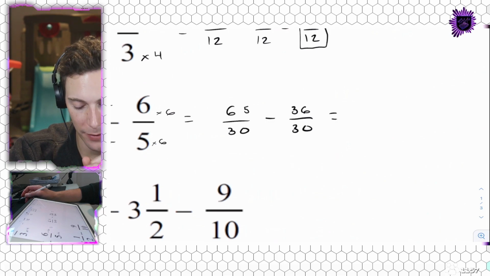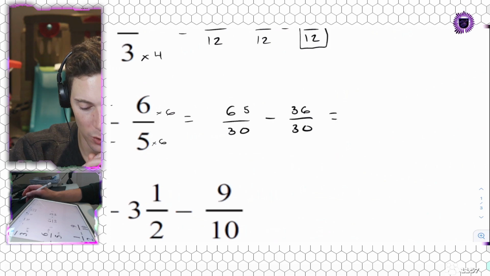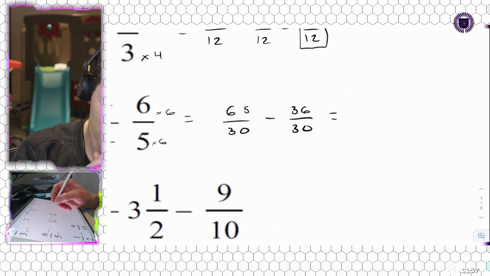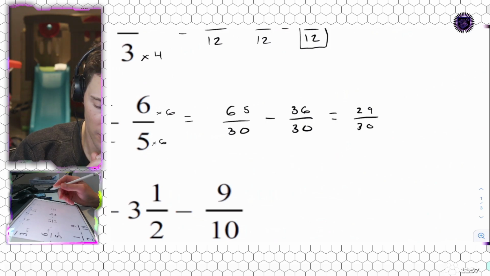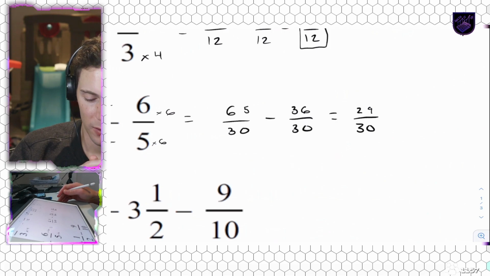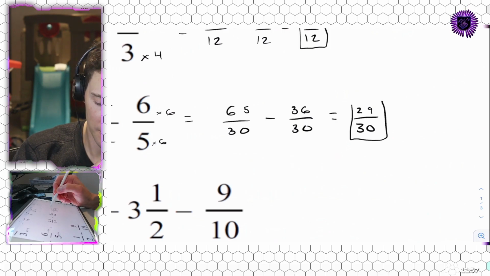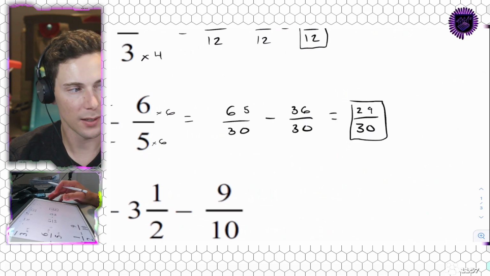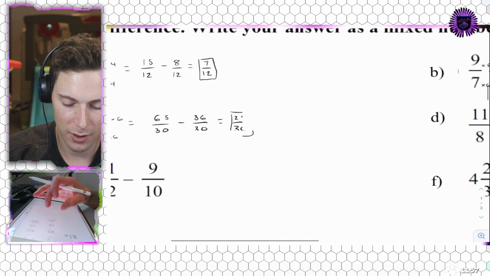It's going to be 35 minus 6 more. 29/30ths. I'll rewrite that. 65 minus 36. Yeah, 29/30ths. And you cannot simplify that. That's as simple as it gets. There's not much simplifying happening, which is kind of nice.